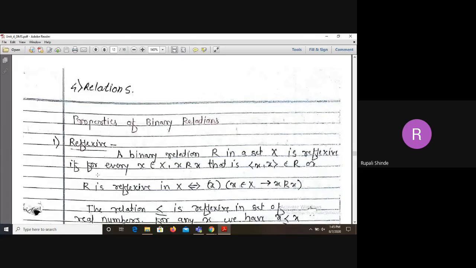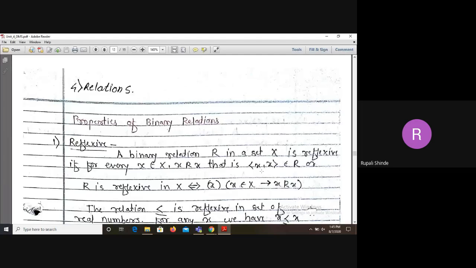The first property is the reflexive property. What is the definition of reflexive? A binary relation R in set X is reflexive if for every x belonging to X, x is in relation R with x. Means what?